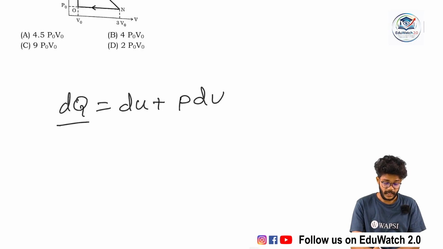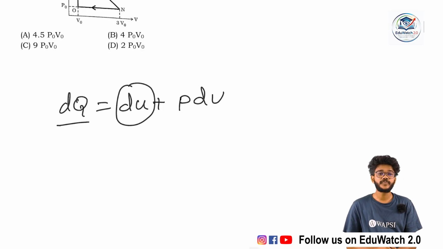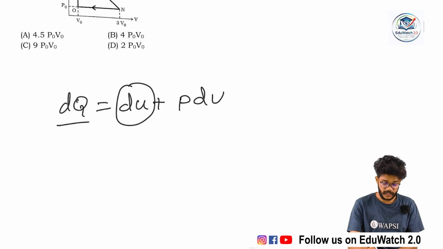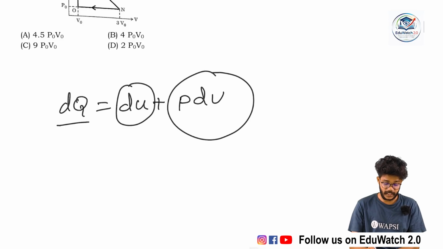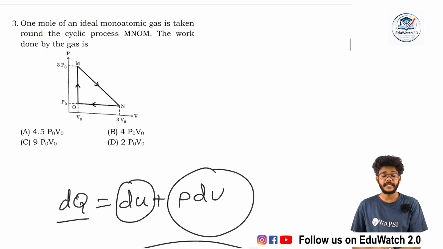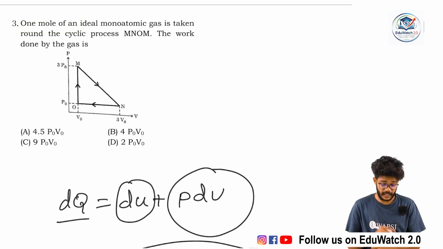PdV, that means pressure P into dV, the change in volume, will make the work done. So this term is the work done. The change in work done is PdV, so PdV gives the area under the graph.